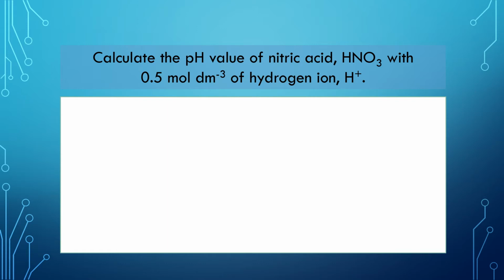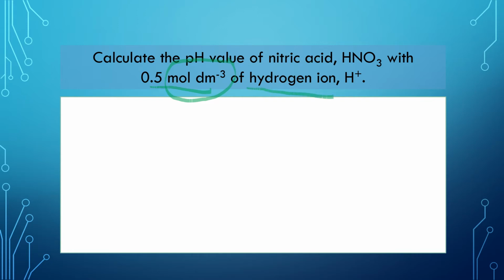Okay, let's see. This is the example of how we use the formula just now. Calculate the pH value of nitric acid with 0.5 mole per cubic decimeter. Okay, as you can see, the unit is mole per decimeter cube. So this is the concentration of the nitric acid and hydrogen ion as well.